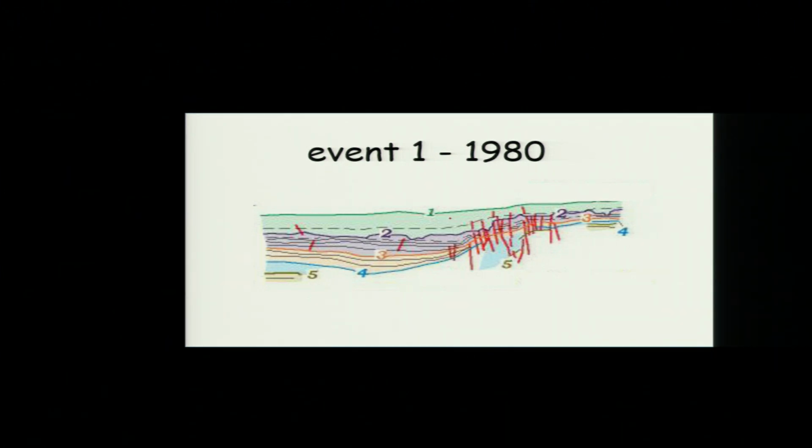So, all these units are marking the event horizons which reflect the different events, event 1 to event 5. This is how you can reconstruct the history of the paleo earthquakes in this region.